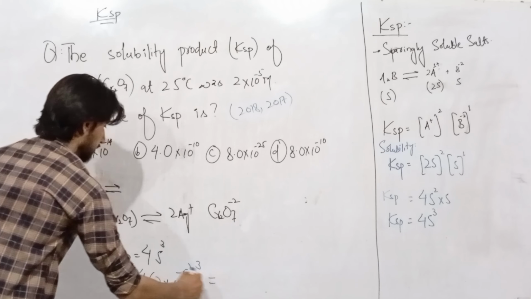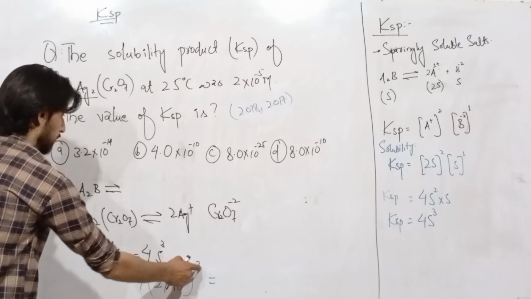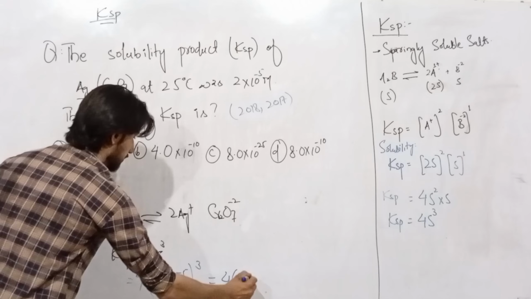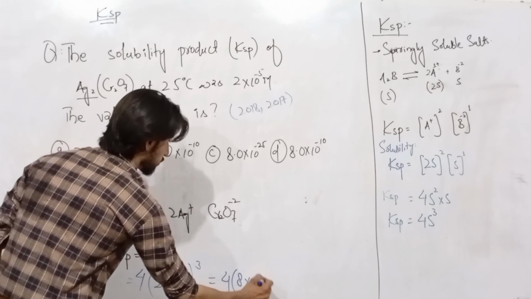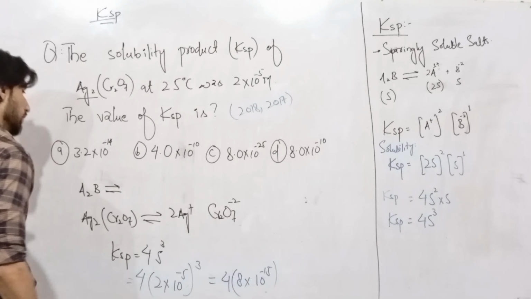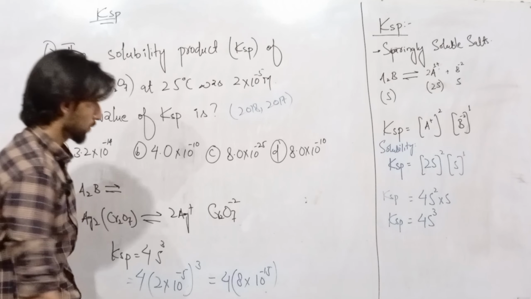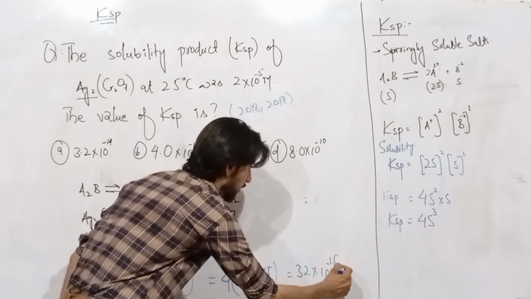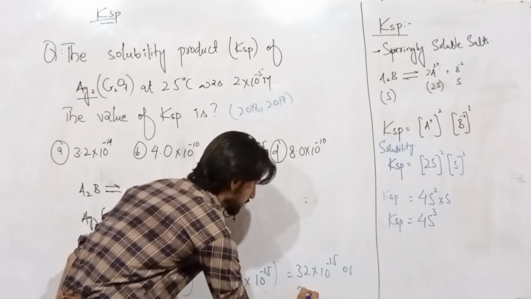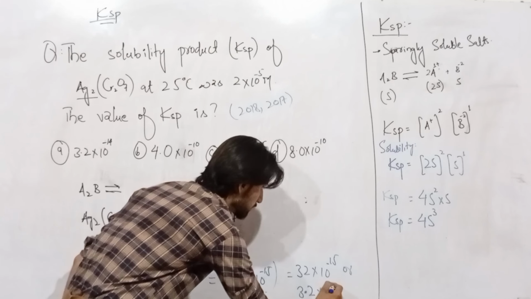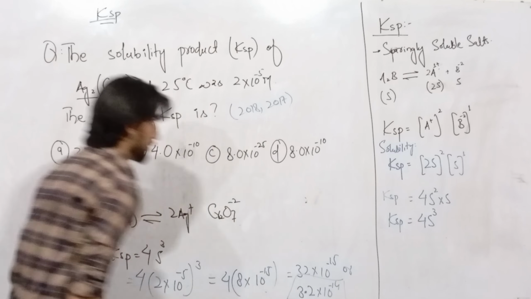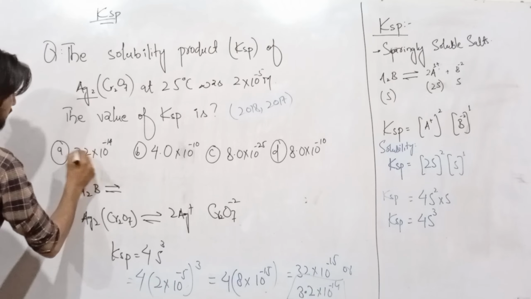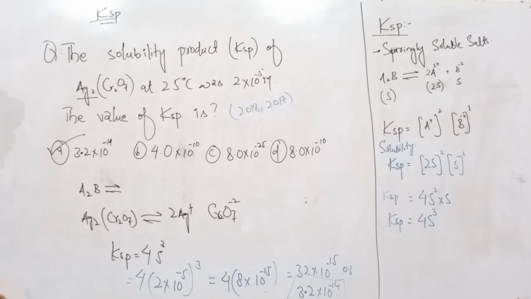So 2 cubed becomes 8, multiplied by 4 gives 32, and 10 to the power minus 15, or 3.2 multiplied by 10 to the power minus 14. Is this present in our answers? Yes, option A, 3.2 multiplied by 10 to the power minus 14.